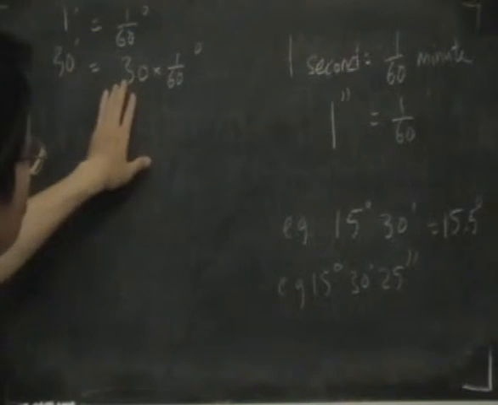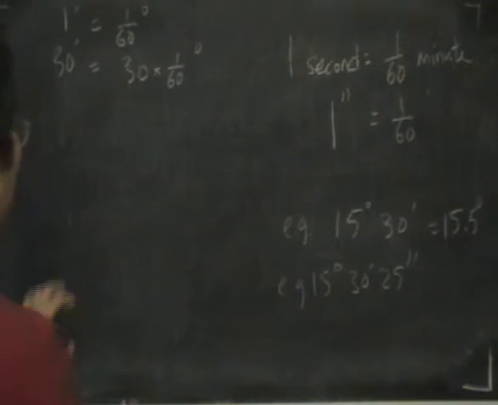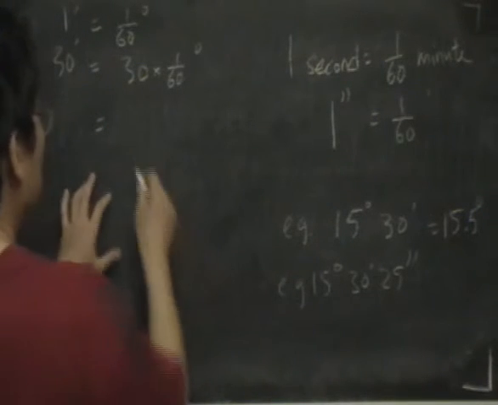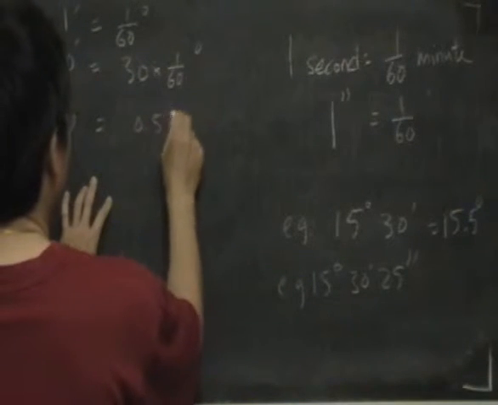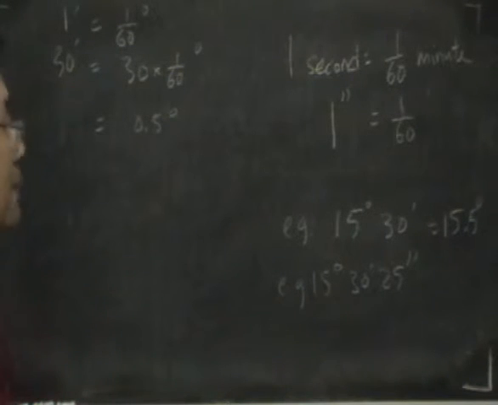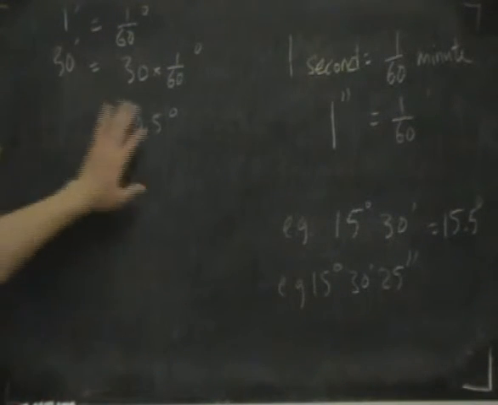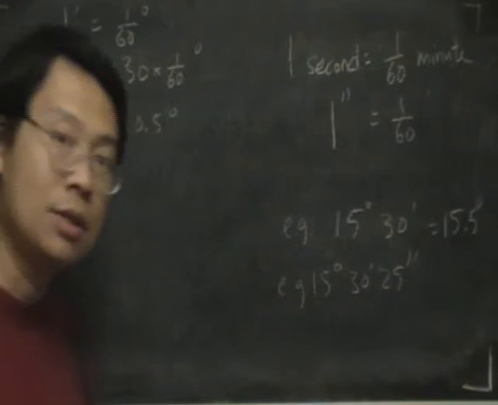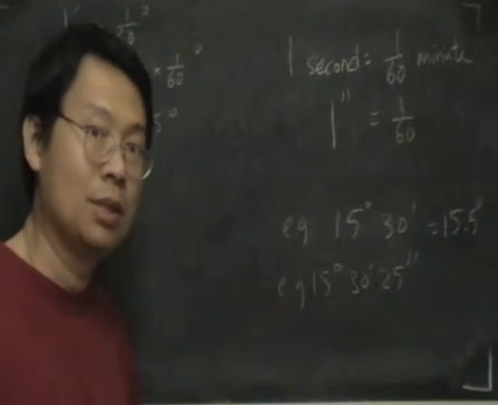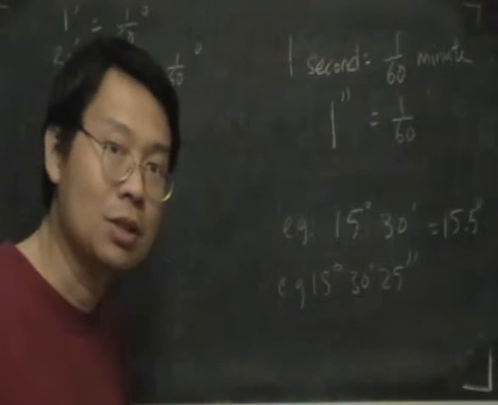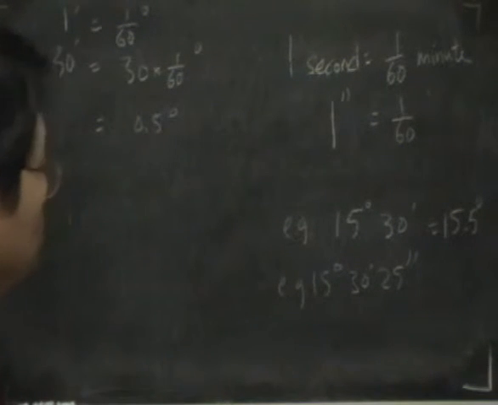Therefore it should be 30 times 1/60, and 30 divided by 60 is just half, which is 0.5 of a degree. So we have 30 minutes in terms of degrees, so we can understand minutes now. 30 minutes is really just half a degree, which we already know.